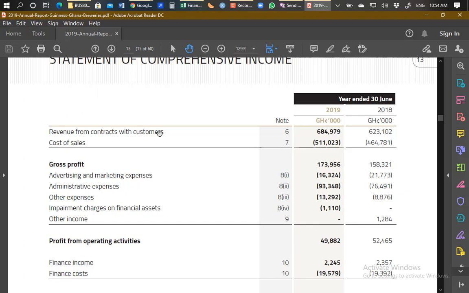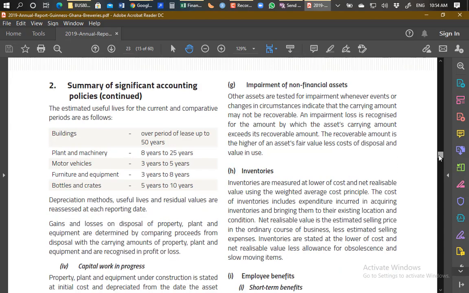So the details are hidden. So those who may be interested in some level of detail, you will see the note which is attached here, note 6. So if you go to the note section of the financial statements, let's scroll down.